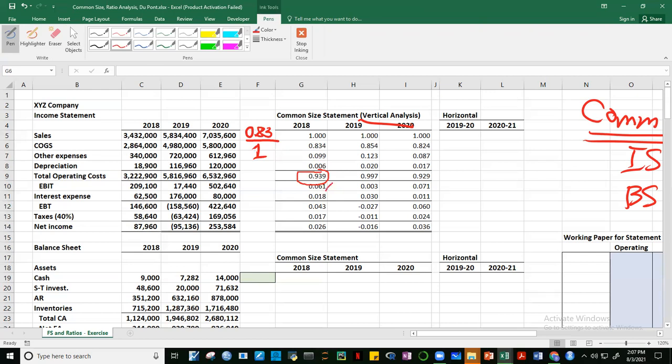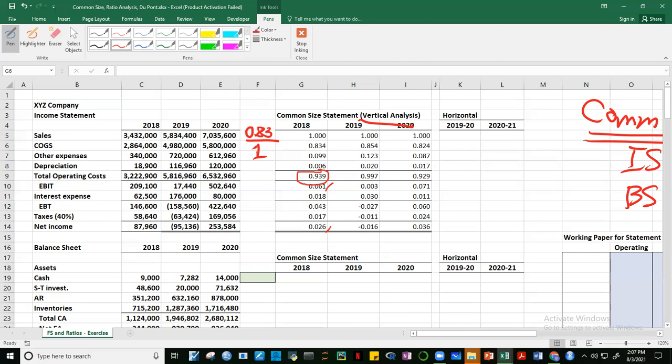So ibig sabihin, 6 centavos na lang yung operating profit natin. Tapos nabawasan pa yan, 2.6 centavos na lang yung bottom line, yung net income, no? So ganun yung kinikita natin. So it's good kasi naka-express siya in terms of sales. So everything there is expressed in terms of sales.